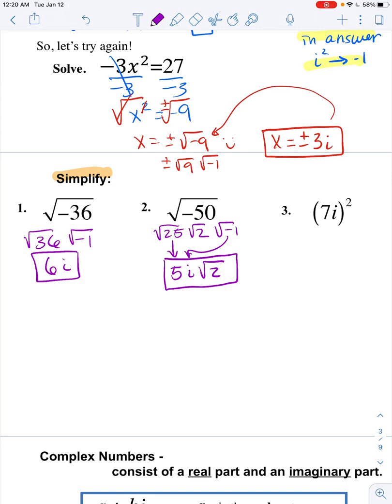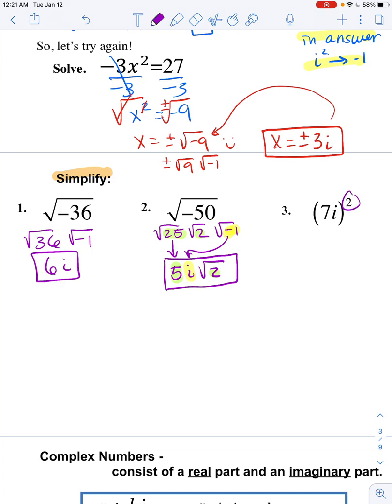So you write the whole number part that you get from any perfect squares, like 25, out in front. Any numbers that get stuck under the radical because they're not perfect squares stay under the radical. And then here where I had my negative 1, that becomes an i, and because it's getting rid of the radical, it comes out in front with the 5.